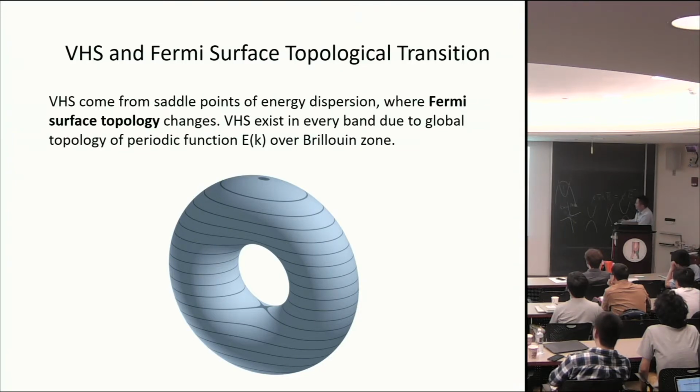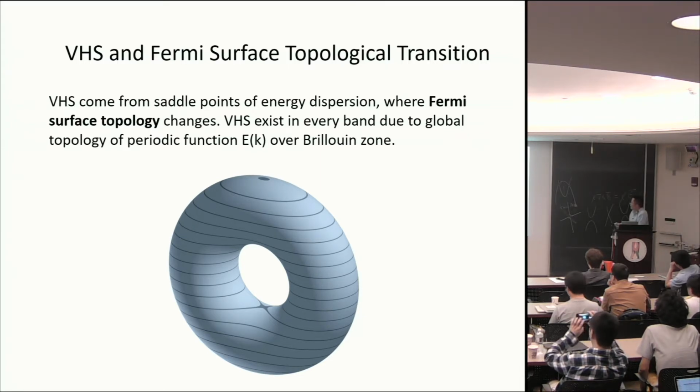So now let me go back to this Van Hove singularity and what exactly it is. It really comes from a saddle point of the energy dispersion, and the presence of a Van Hove singularity is actually mathematically guaranteed. It occurs generically in every band with a smooth band structure.